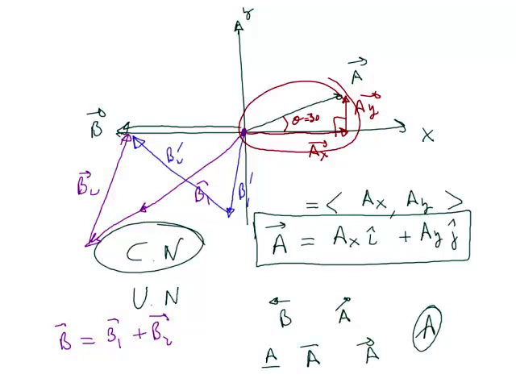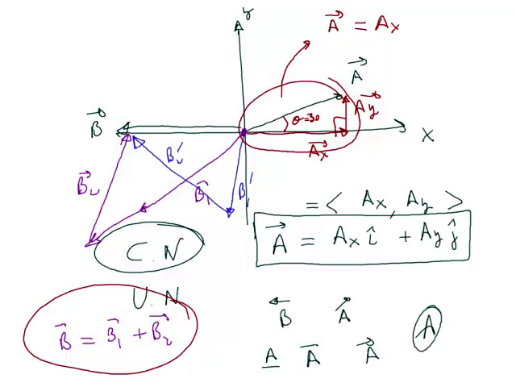So according to this, and using the same recipe, vector A is equal to AX plus AY. Not only do I want to make sure that those 2 are perpendicular to one another, but to make my life easy, I want one of them along my X and the other along my Y. All right, now let's go one step further.